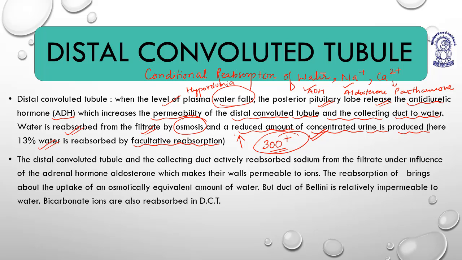High osmolarity is detected by osmoreceptors in the hypothalamus. These osmoreceptors analyze the osmotic pressure, the osmolarity of the blood, and after their activation, they trigger the hypothalamus to form the hormones, which are stored in the posterior part of the pituitary and secreted.